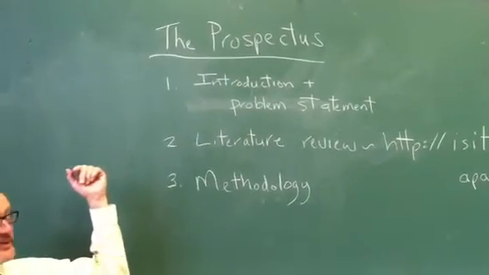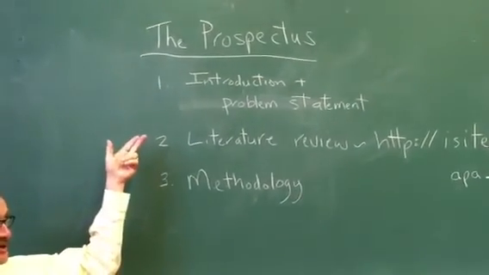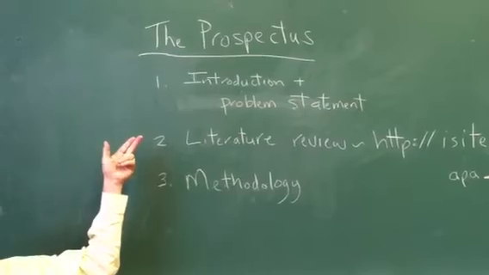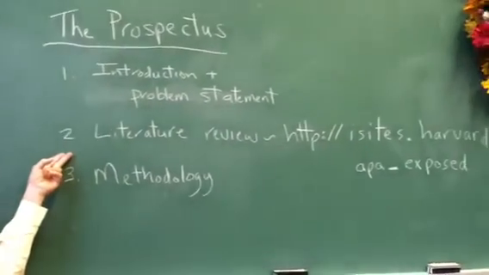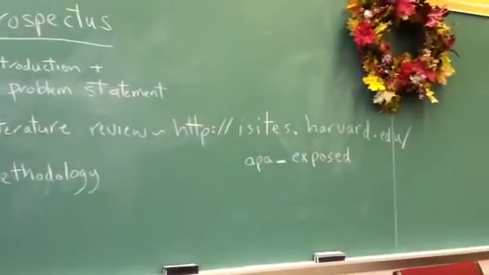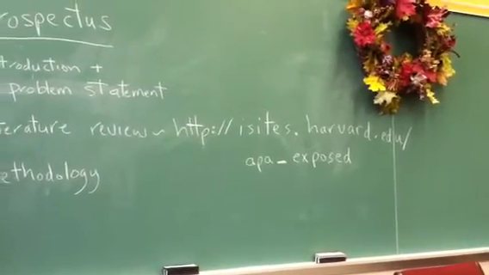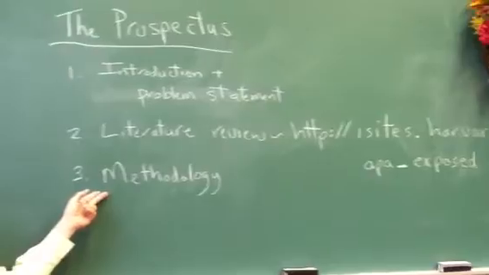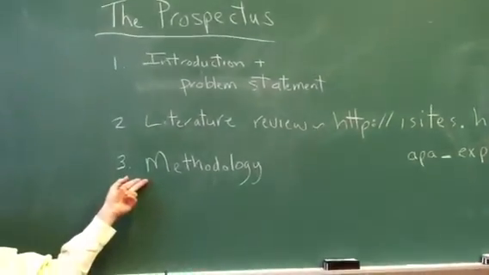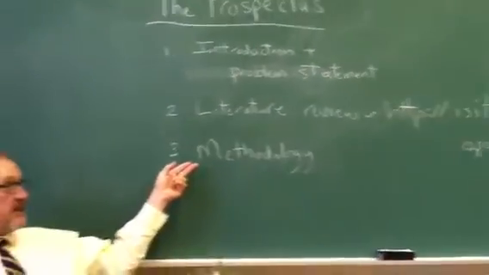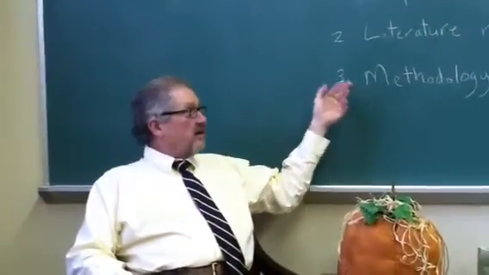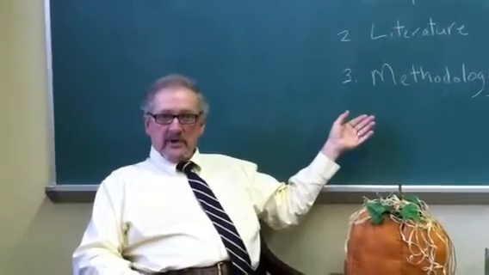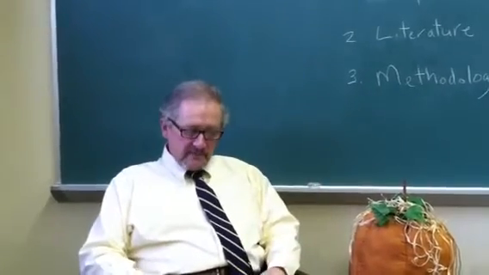The prospectus includes three parts: the introduction or problem statement, which you've been working on for the last couple of weeks, the literature review, which I'm going to be discussing this morning, and methodology, which is how you're going to be conducting this project. The prospectus is what's due at the end of the semester, and all of these parts that we're working on will complete the process.